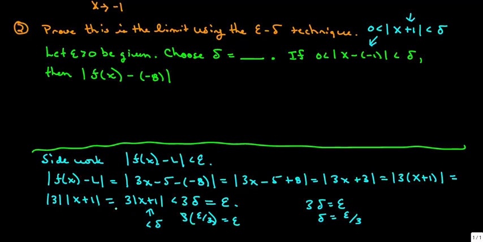Once you get this right here, you want it to be less than, in terms of your delta, 3 delta. And I want this to be equal to epsilon. So to make it equal to epsilon, I choose my delta to be epsilon over 3, which means that up here, our delta value is going to be equal to epsilon over 3.